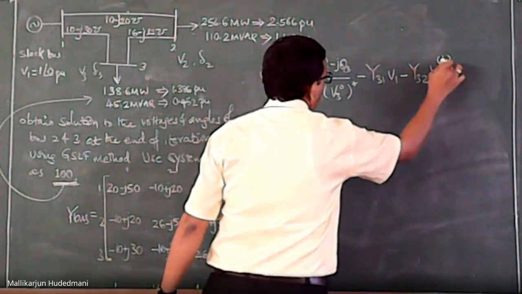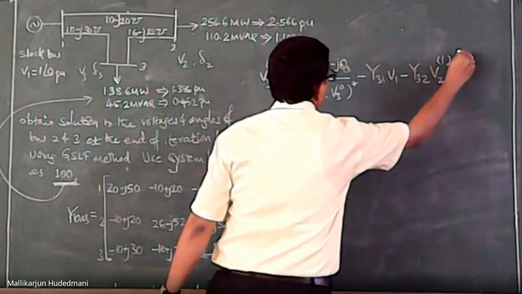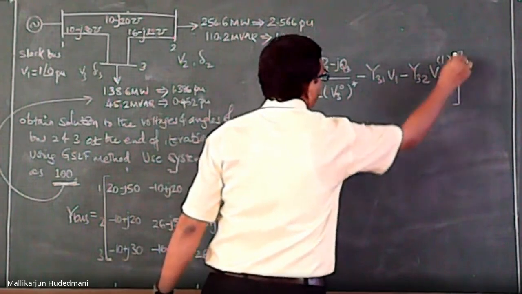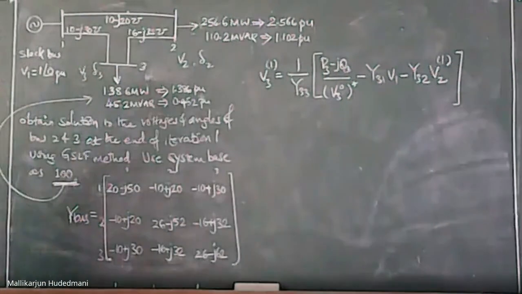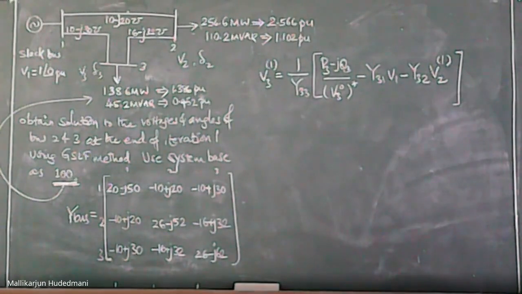You must be very careful what I am writing on the board. This is V2(1), because bus 2 got its best value compared to its initial estimate in the previous workout. That value only I have to use.